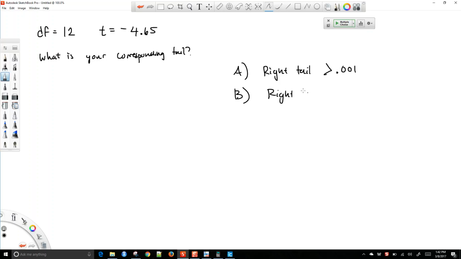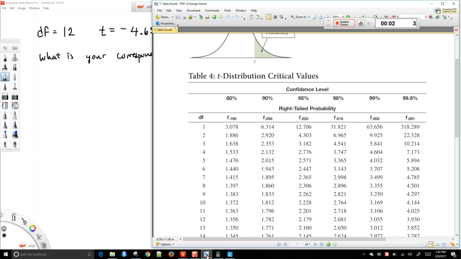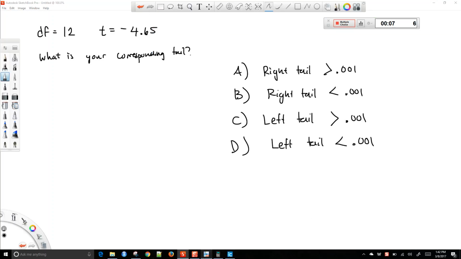Okay, so again, we have negative 4.65, and this time we're bounded only on one side.